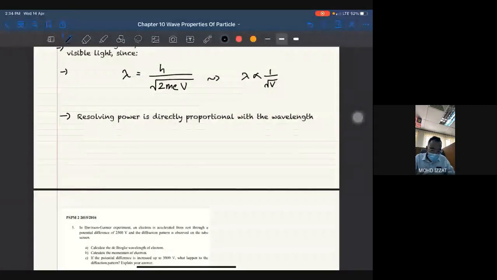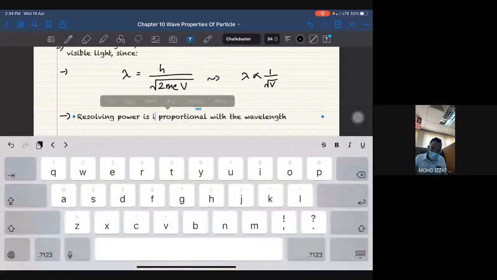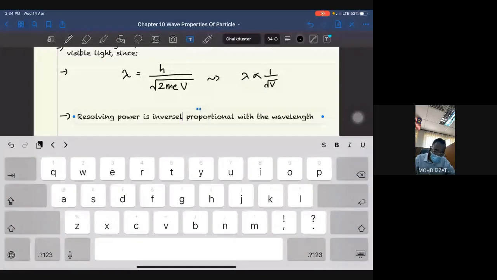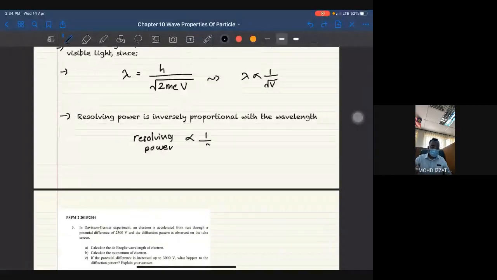So basically, you can write that as long as you have a shorter lambda, that means you have a higher resolving power.